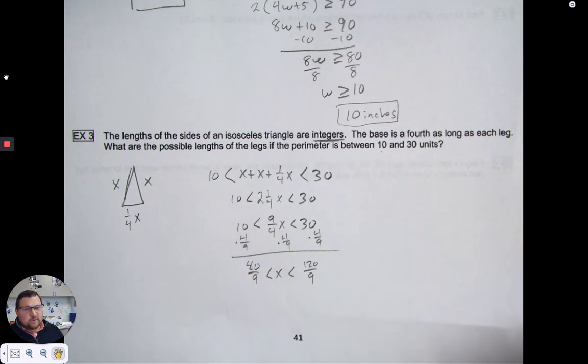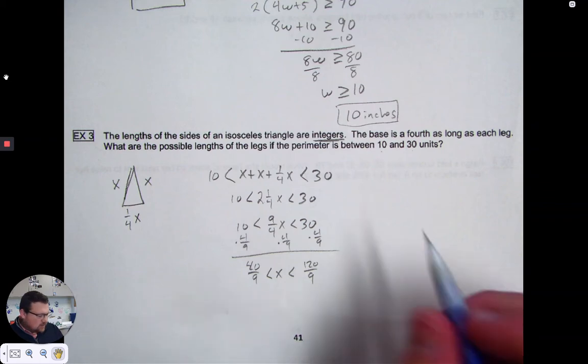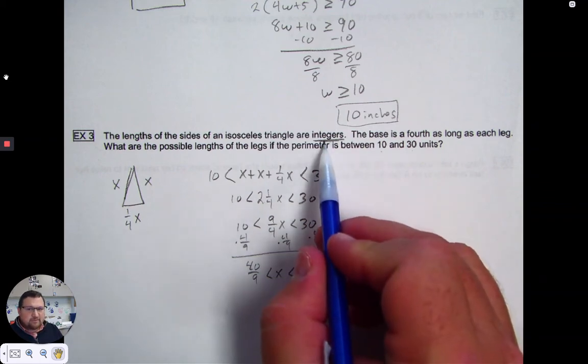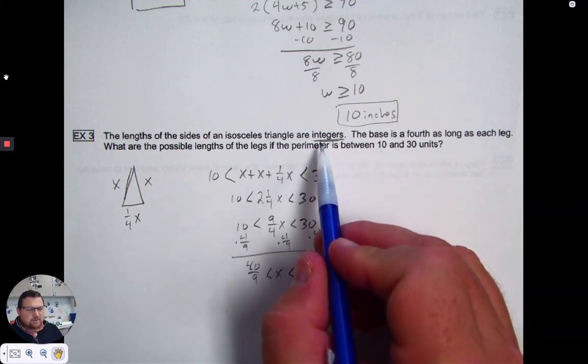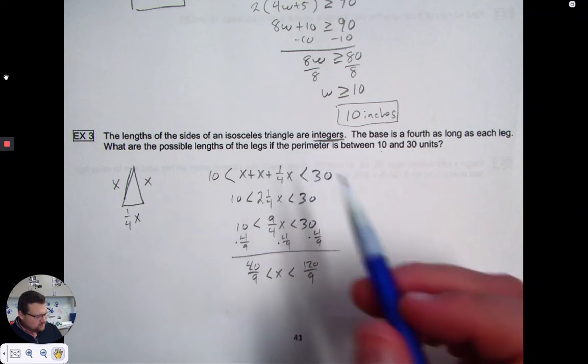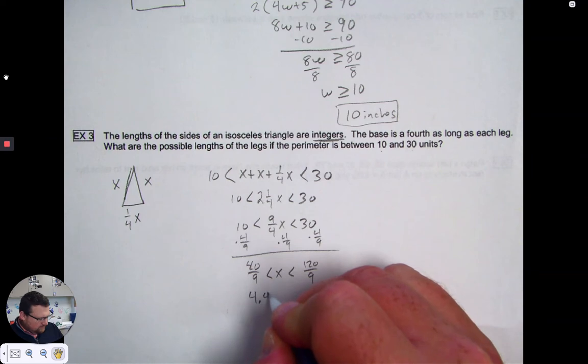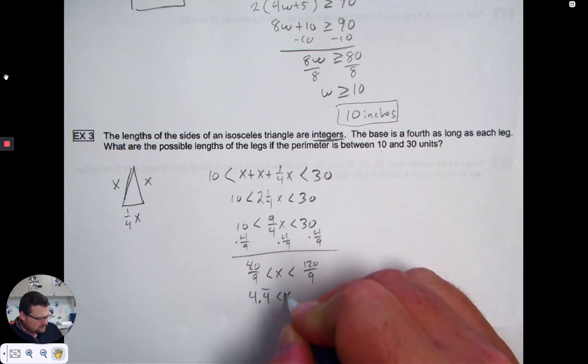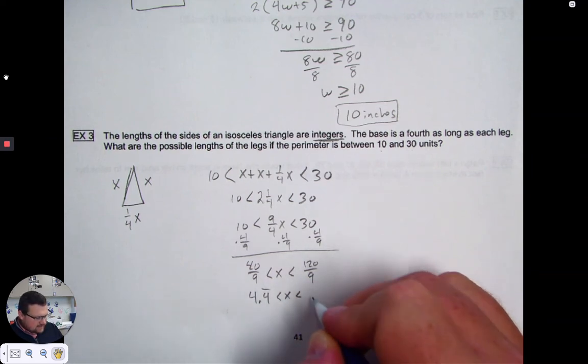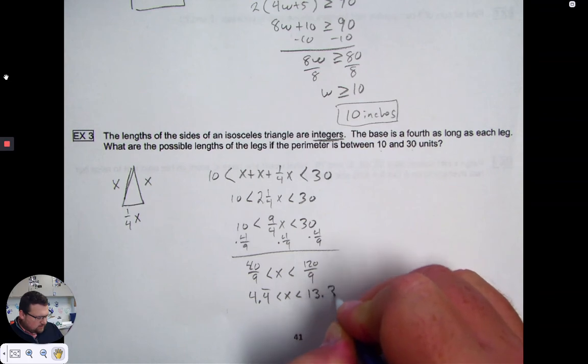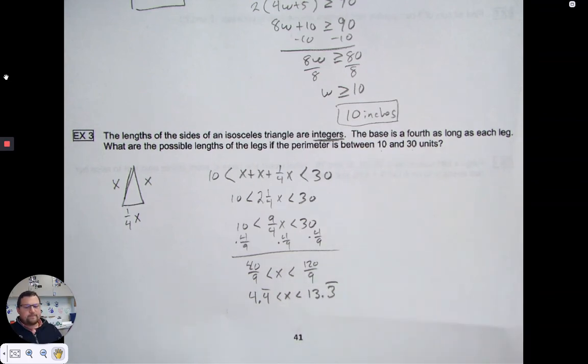This is one of the few times I'll say it's okay to turn this into a decimal, because in the end we're only looking for the integers anyway. So if our decimals get rounded a little bit, we'll still be okay. That gives us 4.4 repeating is less than x, which is less than 13.3 repeating.